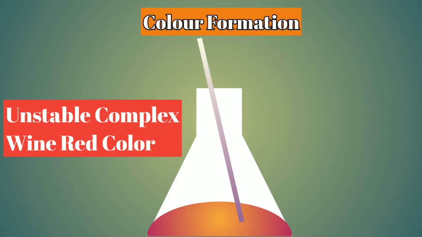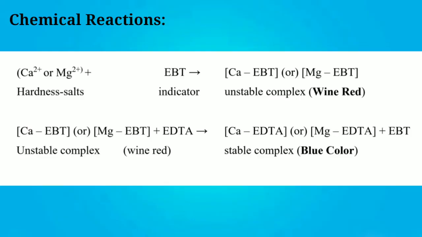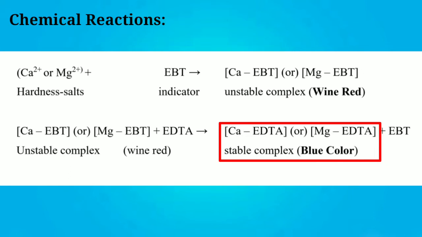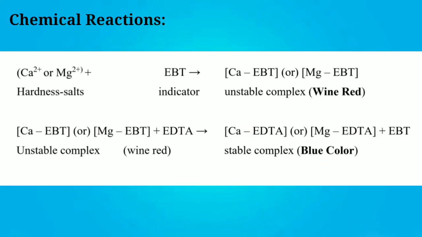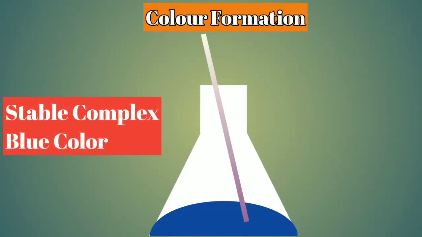In the next reaction, the Ca2+ and Mg2+ with EBT react with EDTA solution at pH range 9 to 10 and form Ca2+ and Mg2+ with EDTA, and EBT is released. It's a stable complex of EDTA and the color is blue.